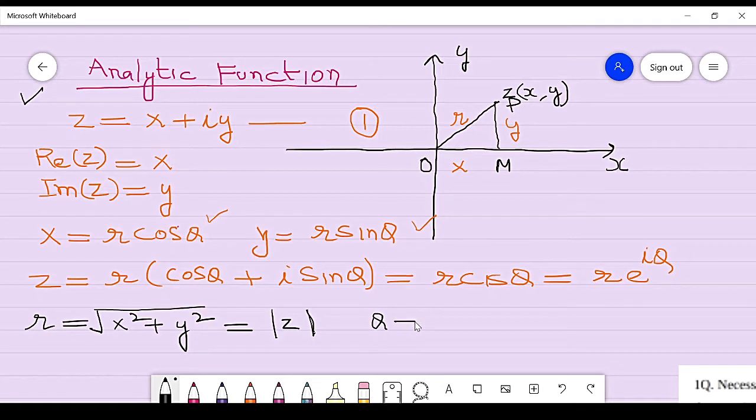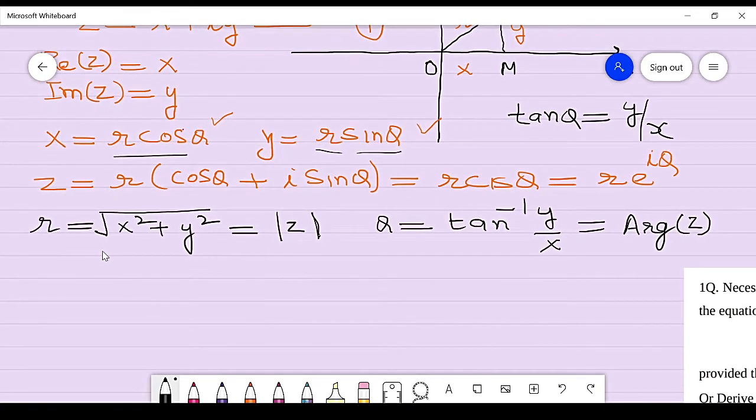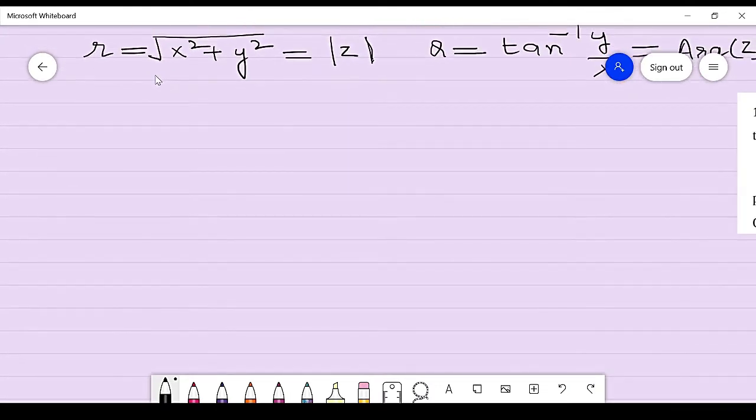Theta can be obtained by dividing this by this, so tan theta is equal to y by x. So theta is equal to tan inverse y by x, and this is the argument of the complex number z, right? So this is the brief idea of a complex number.